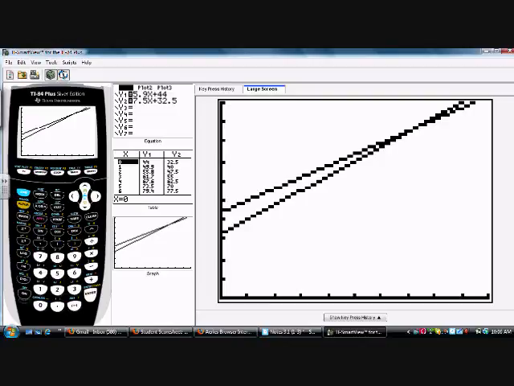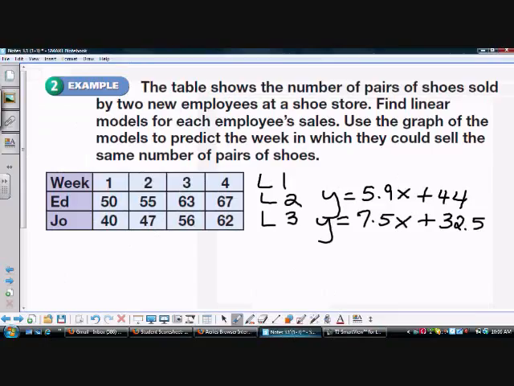Okay, so let's go back to our data. The weeks go from 1 to 4. I'll spread that out from 1 to 10. The amount of shoe sales are in the 40s, 50s, 60s. All right, remember that.